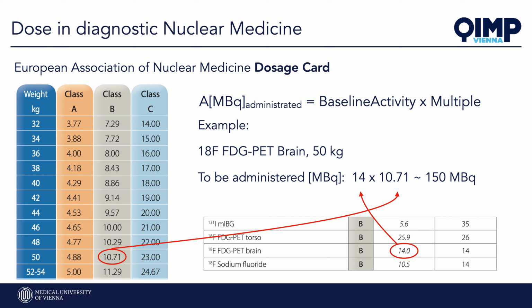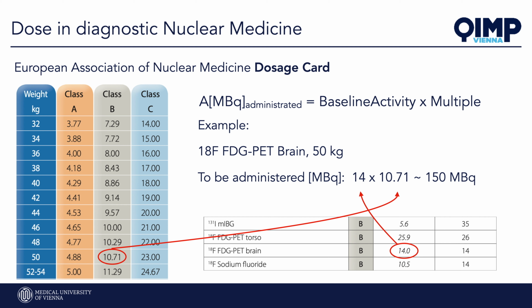Since it's really important to know how much activity we inject into the patient, which is part of the dose actually received, the European Association of Nuclear Medicine defined a dosage card for pediatrics, where the injected activity in megabecquerels can be calculated based on a baseline activity and a multiple.